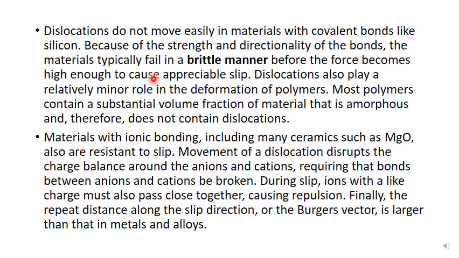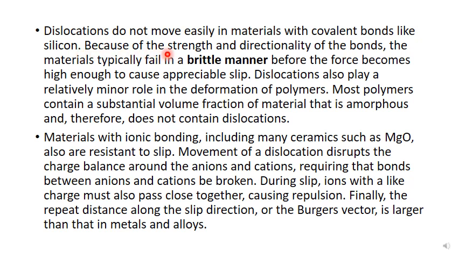In spite of the crucial importance of dislocations in determining the plastic deformation in metals and alloys because of having metallic bonds, this is not always the case in other sorts of material, like materials which are covalently bonded, like silicon.